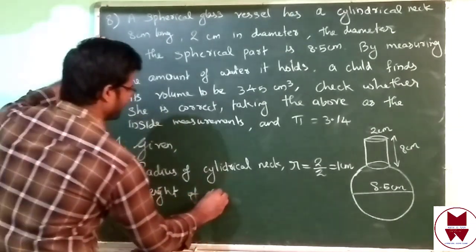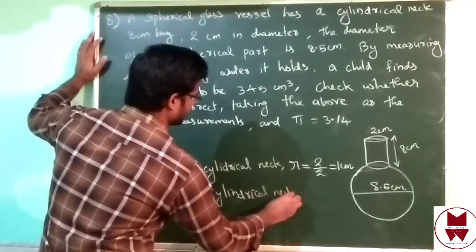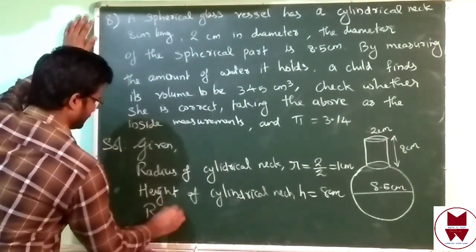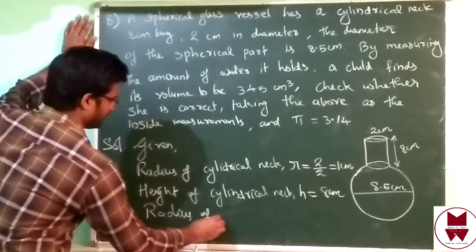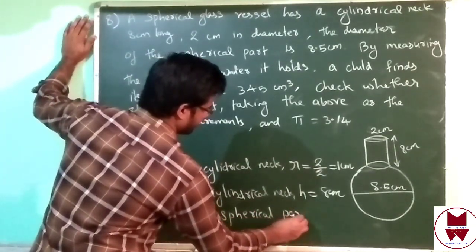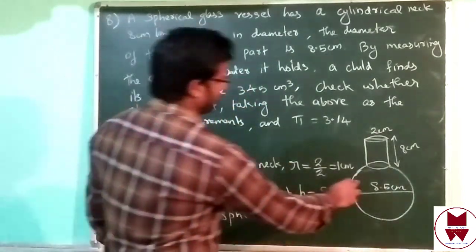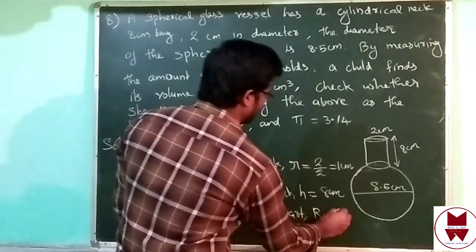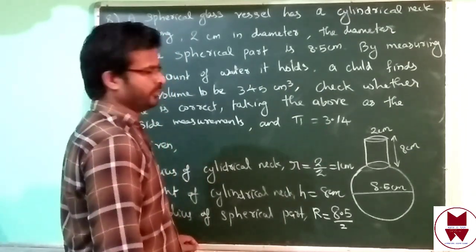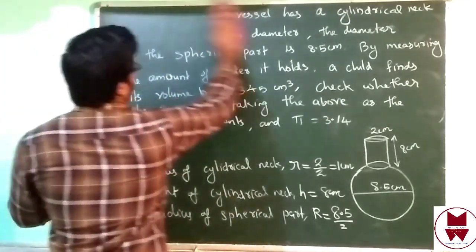Then height of cylindrical neck, then radius of spherical part, capital letter R equal to radius. Here diameter 8.5, then radius means half of diameter, 8.5 divided by 2, that is radius of spherical part. Then we can find out volume of this spherical glass.